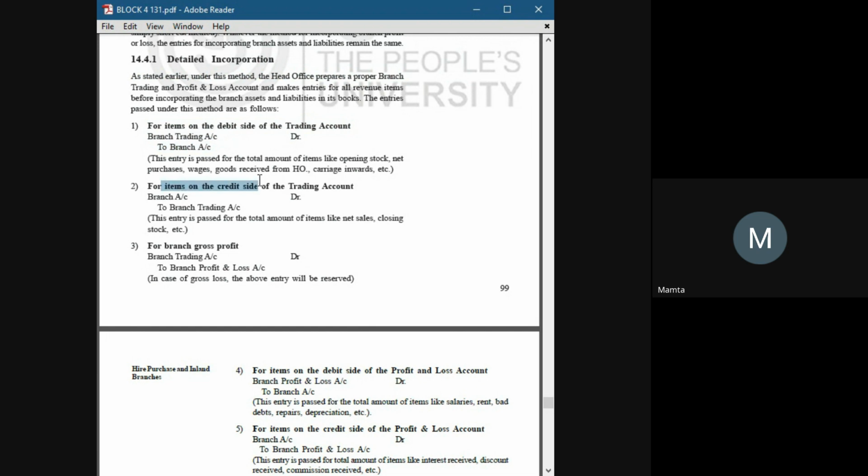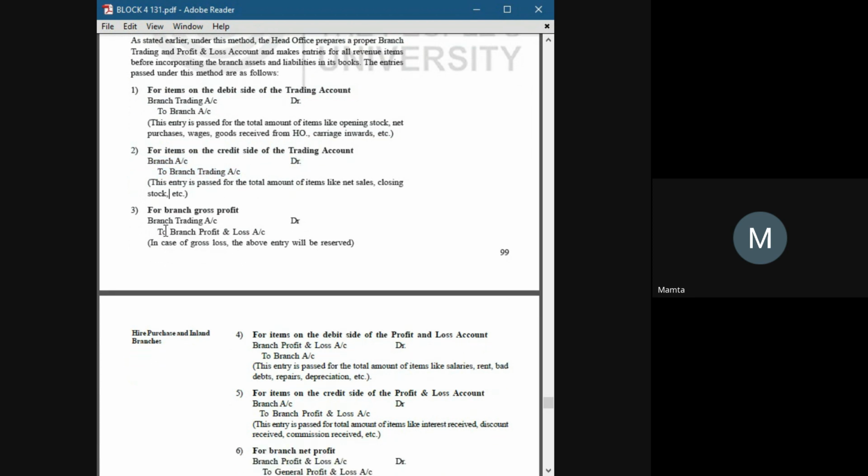For the items on the credit side of the trading account: branch account debit to branch trading account. For branch gross profit, if there was any profit in the trading account, then branch trading account debit to branch P&L account.